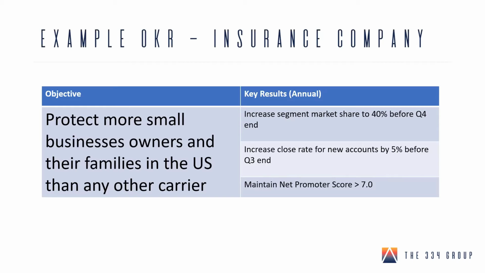In the key results, I want you to notice that there are no task completed type of objectives. We just need to do this and finish it, and we get points for that. These are objective measurements that we can use to tell us if we're achieving our goal or if we're on track.